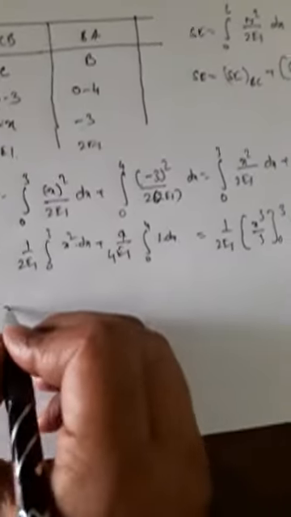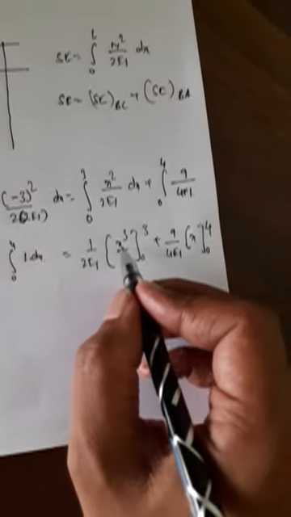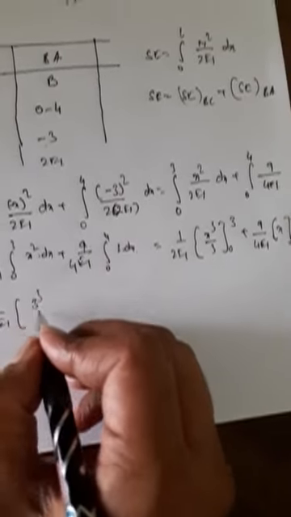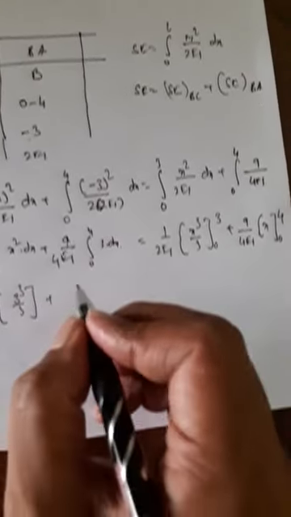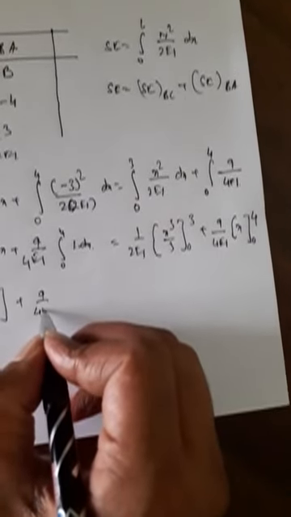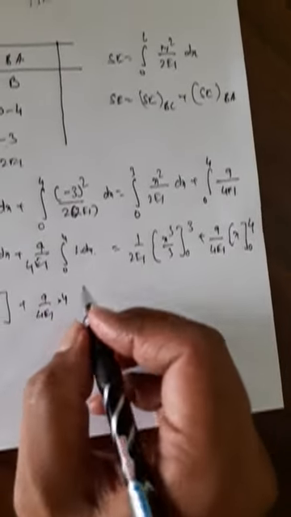Now substitute the values. 1 upon 2EI, x cube, so 3 cube by 3, plus 9 by 4EI, x into 4.